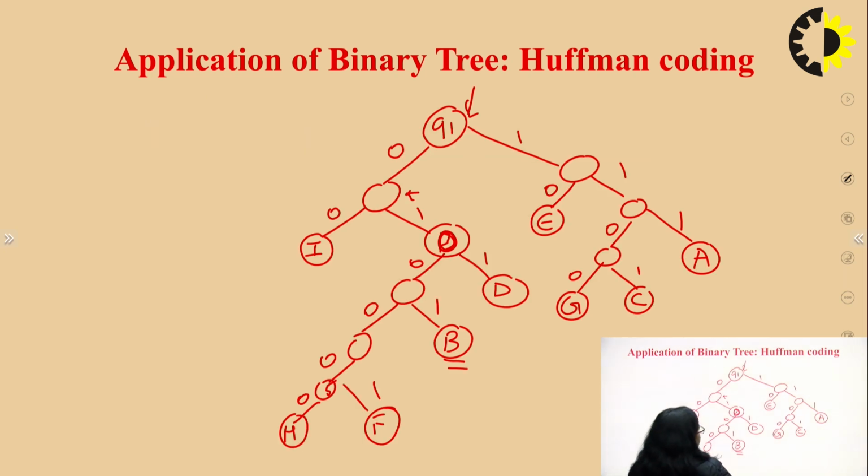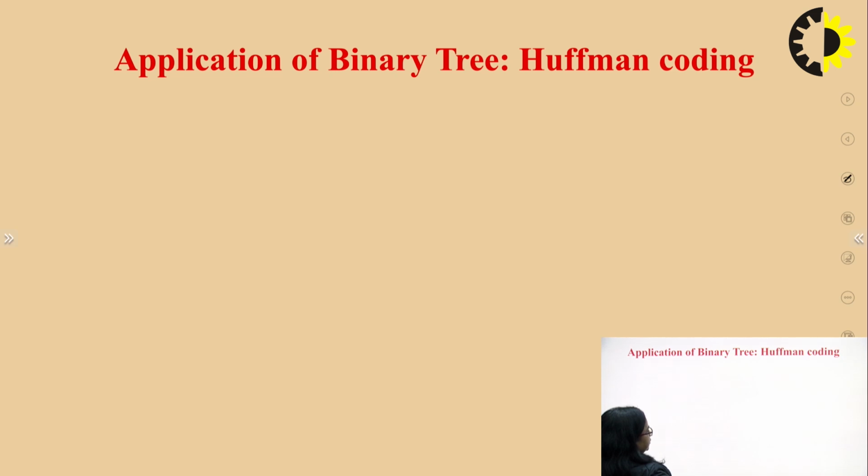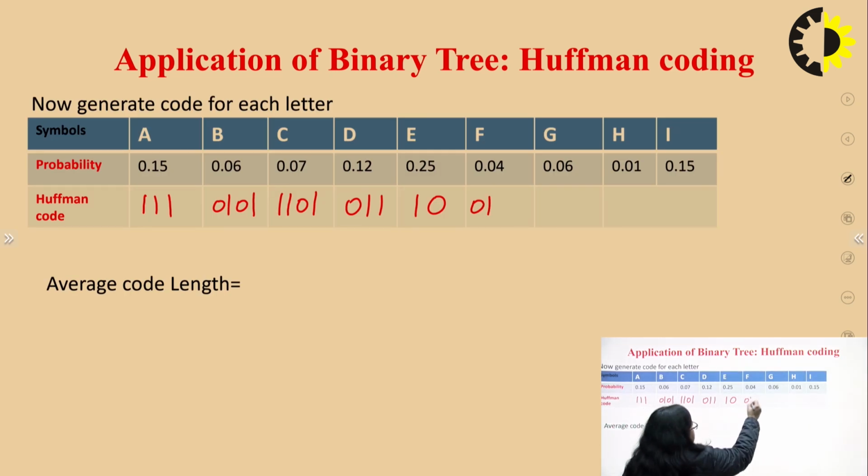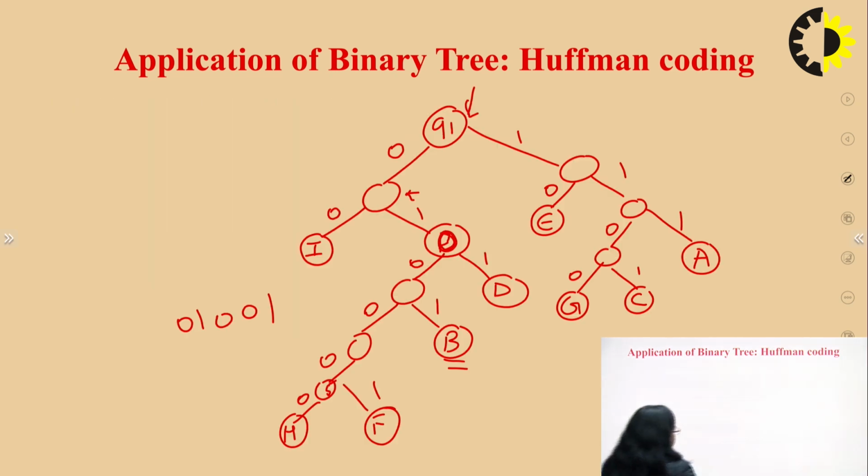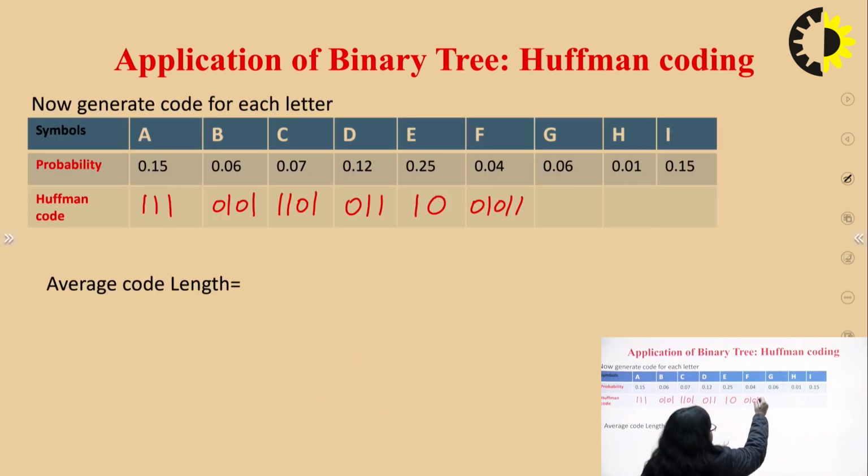Then we write about F. F is 0, 1, 0, 0, 1, right?